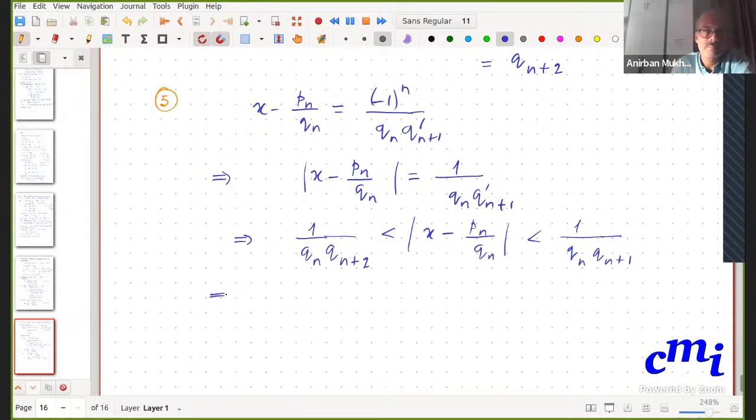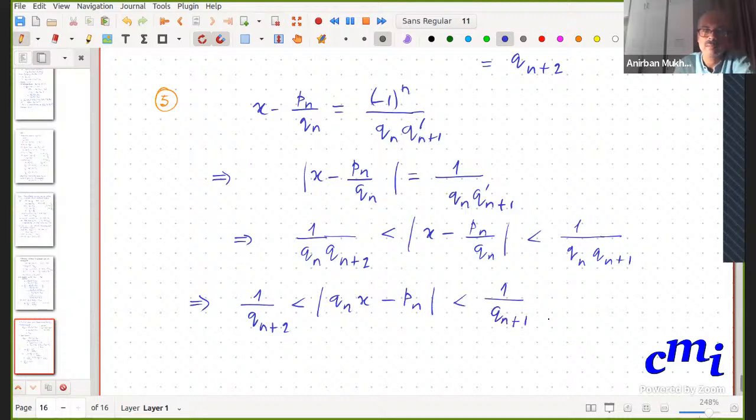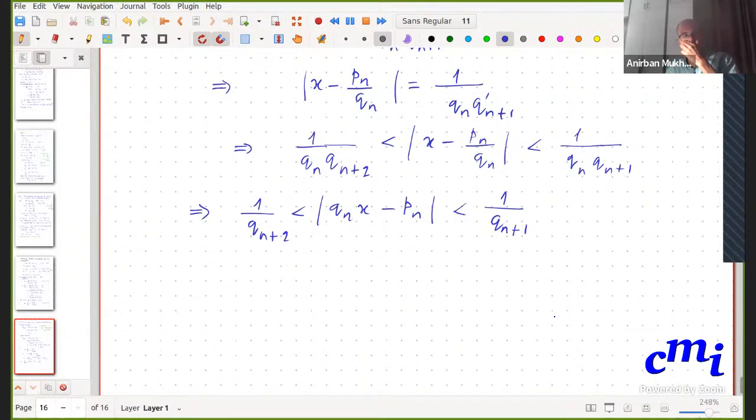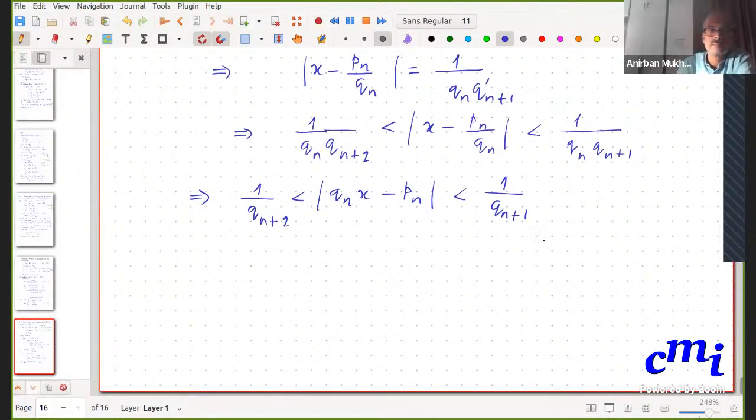Now, if I multiply the entire inequality by Qn, then what we get is 1 over Qn plus 2 is less than Qn x minus Pn, which is less than 1 over Qn plus 1. Let me call this 6.